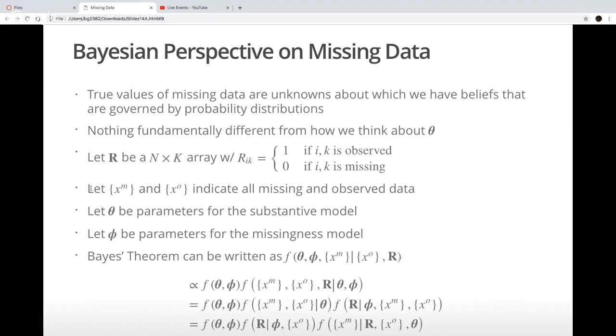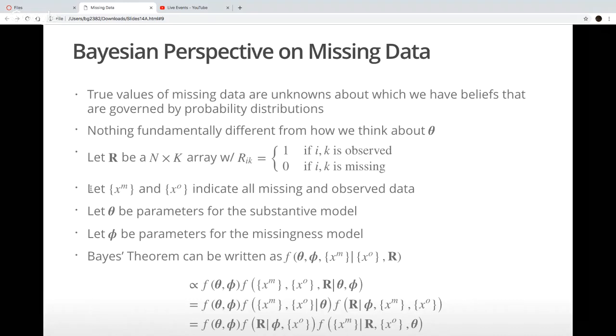And then you can write the posterior kernel in a variety of ways depending on how you factor it. We can write the prior on the parameters times the conditional distribution of all the data put together and R given the parameters. Or we can write it like this.